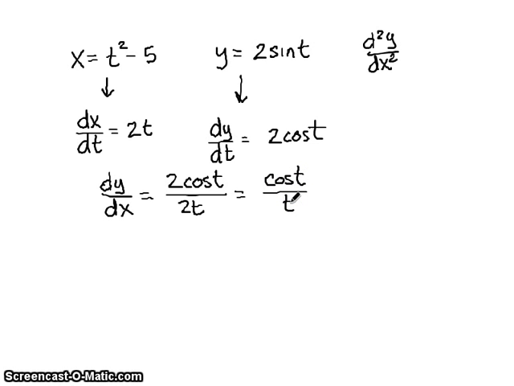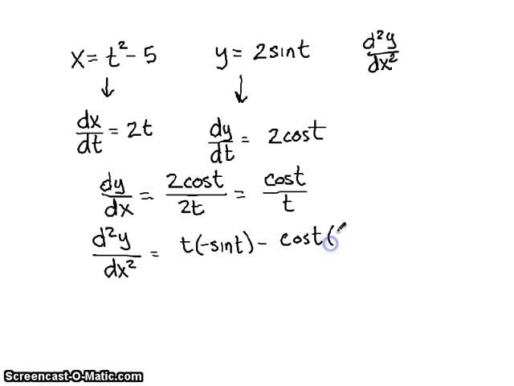Our second derivative is the derivative of what we just found divided by the derivative of the x component. So to find the derivative of what we just found, we need quotient rule. So the bottom times the derivative of the top, minus the top times the derivative of the bottom, all over the bottom squared.